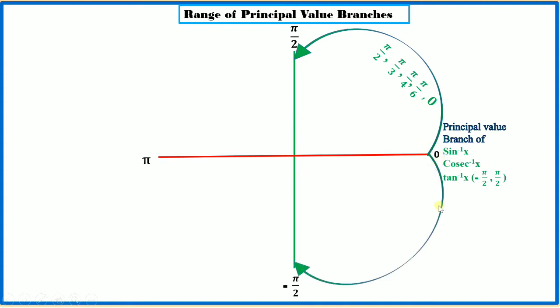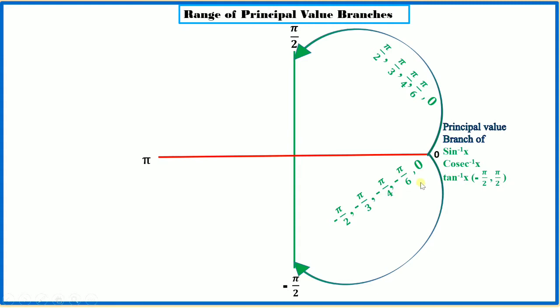The next is this loop, same thing. This will be known as from 0 to minus 30, minus 45, minus 60 and minus 90.